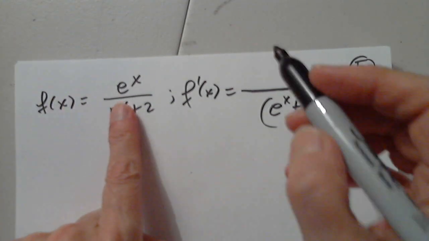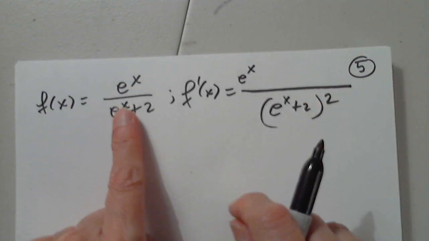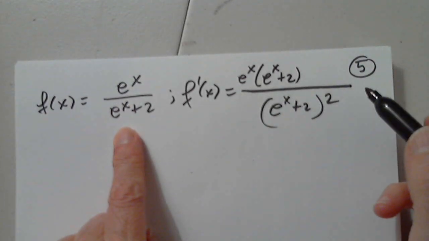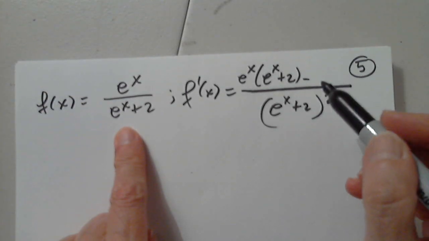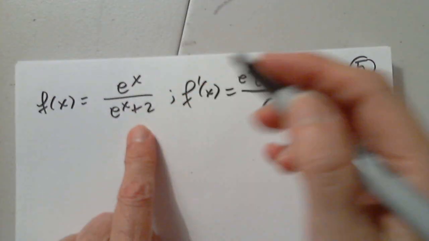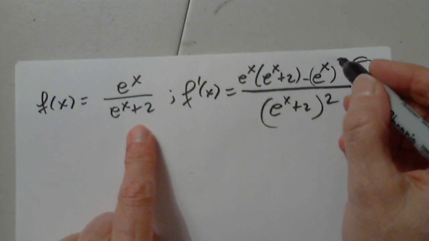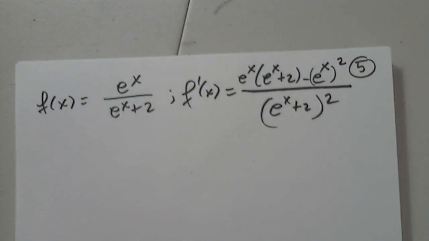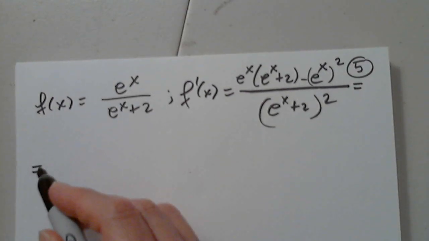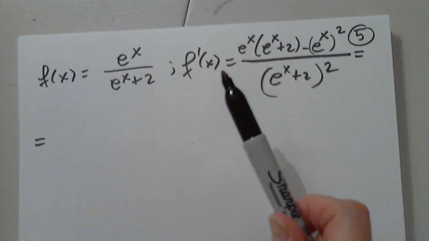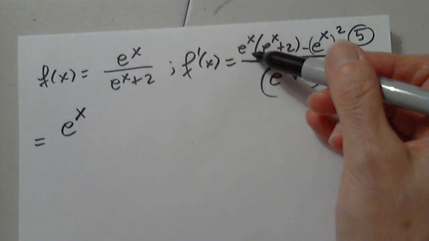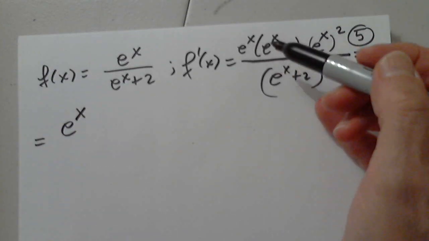Yes, e to the x plus 2, everything squared first. The top function prime is e to the x times the denominator, and watch me run out of room, minus the numerator times the denominator prime, which is the same thing. I'm running out of room, and the 5 is the page number. It's not connected to what I'm writing here. So I will distribute e to the x, copy the base and add the exponents.